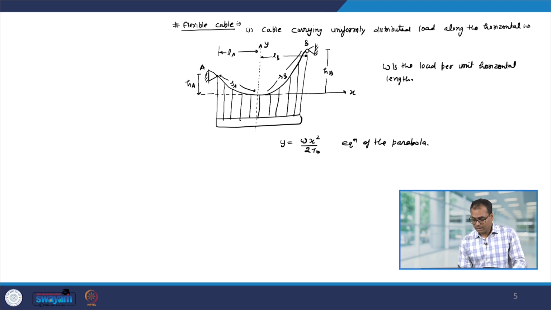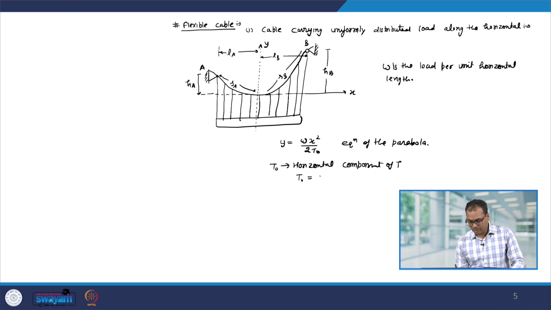Here this T naught was the horizontal component of T, or the horizontal component of the tension, and it was T naught equal to T cos theta, and that was constant.